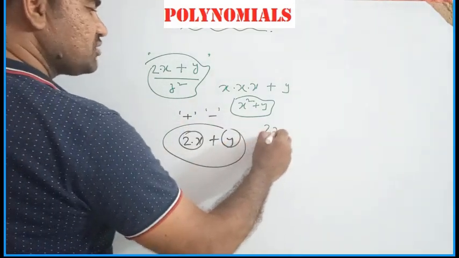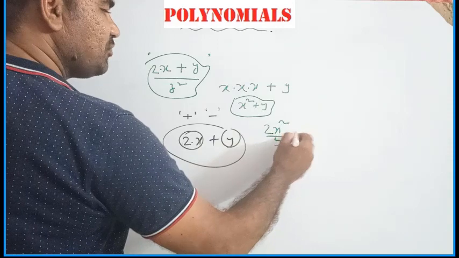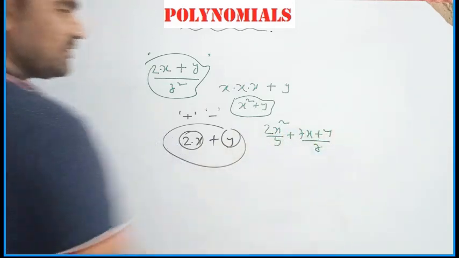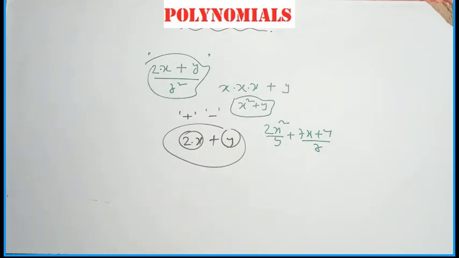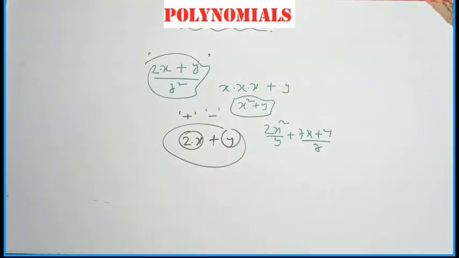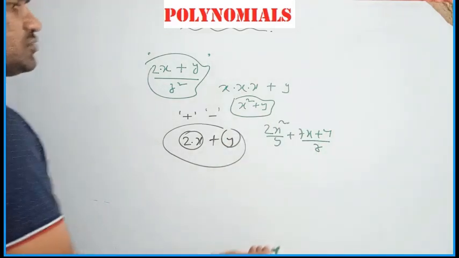For example, 2x square by y plus 7x plus 4 by z is given. So this is an algebraic expression because it involves variables and constants. x, y, z are variables, 2, 7, 4 are constants, connected by into, plus, division. Here we need to identify how many terms are there.